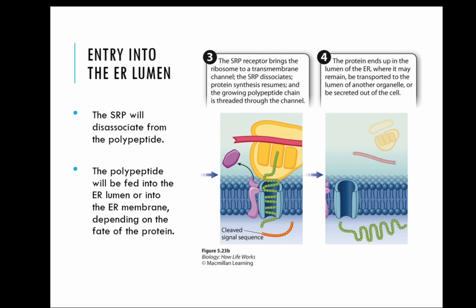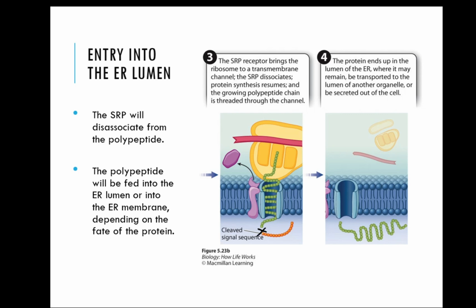So this is just showing you this anchoring, okay, and the new polypeptide being synthesized and secreted into the ER lumen. The ER lumen has a lot of enzymes, and one of them actually cuts off that signal sequence, because the signal sequence is not part of the mature protein.